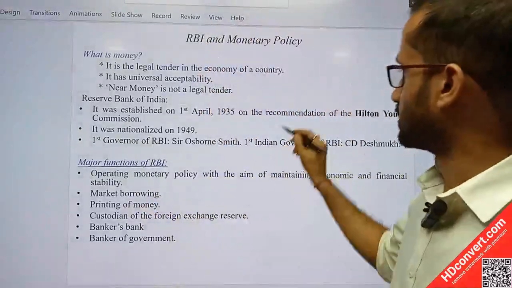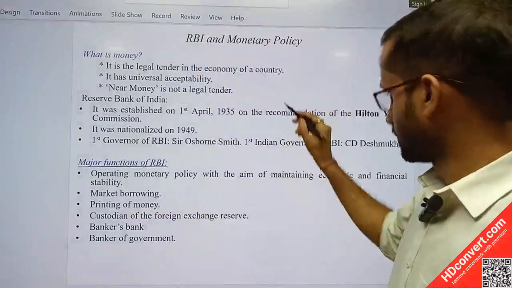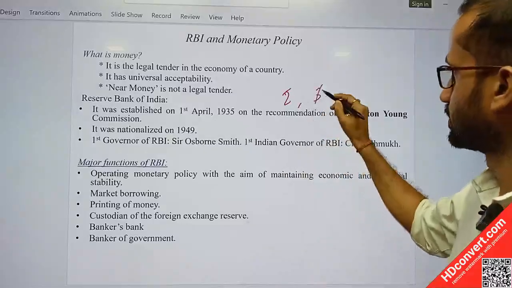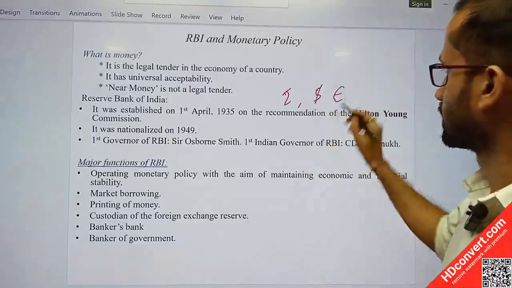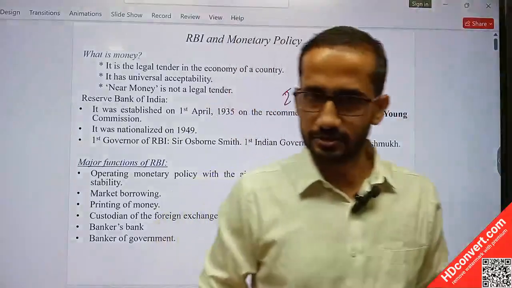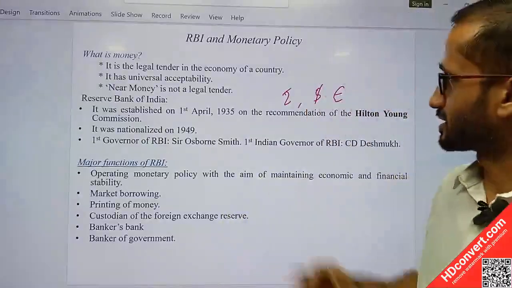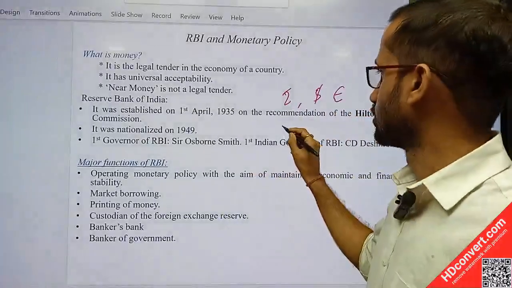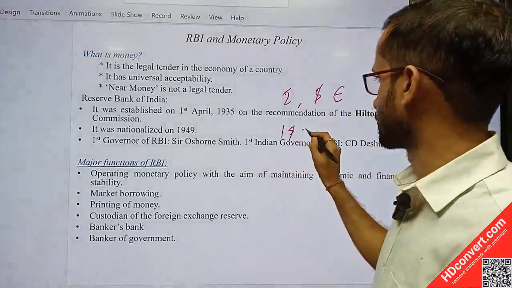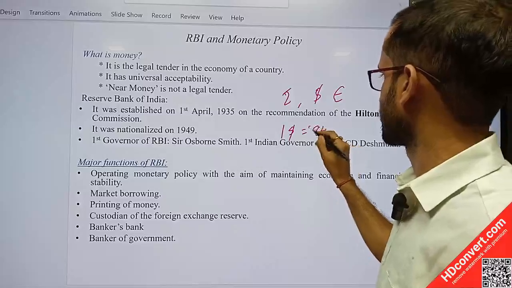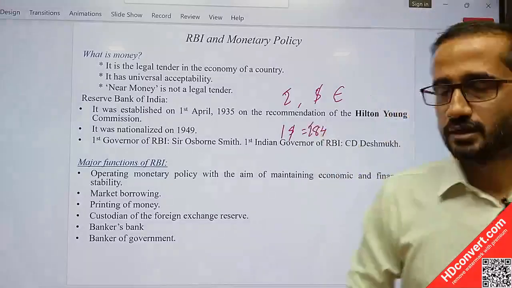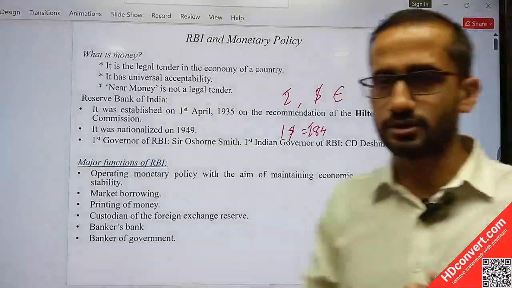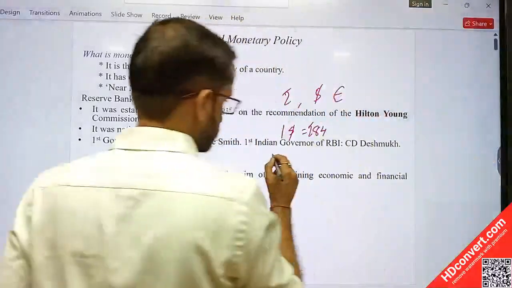Suppose in India we have the rupee, in the US they have the dollar, and in the European Union they have the euro. The value of a currency may vary. We know that at present $1 is equal to around 84 rupees. This is called the exchange rate.